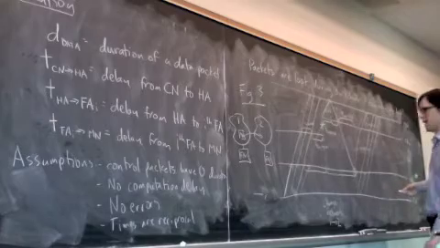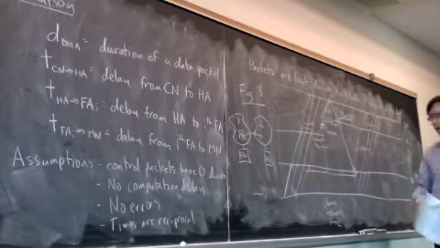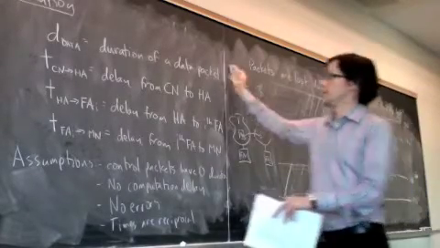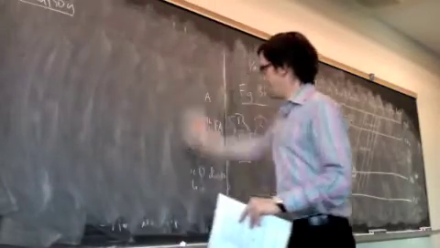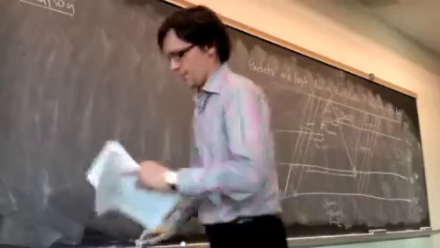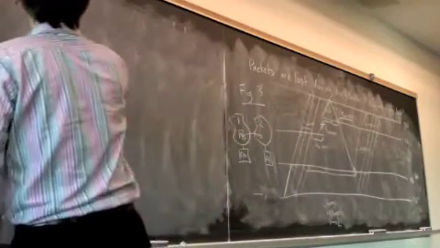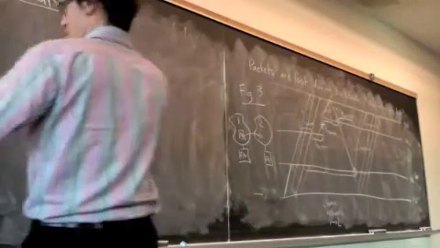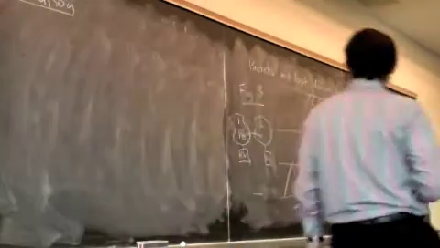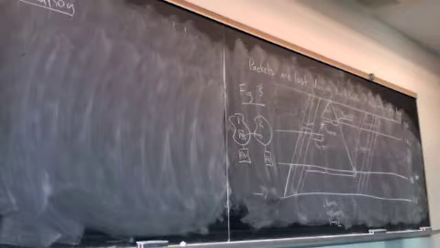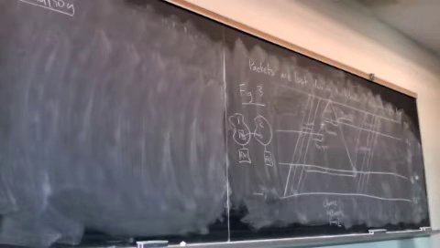Okay, so in total, what do I have? You need a delay from CN to HA? That's what I was just saying.